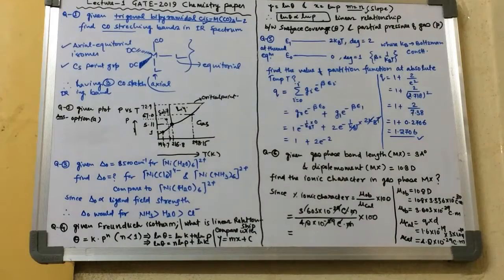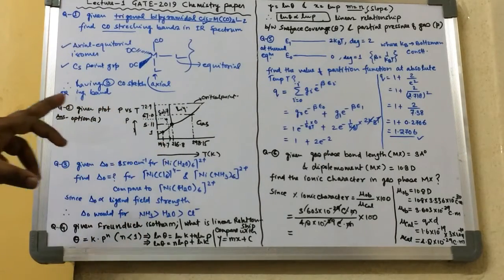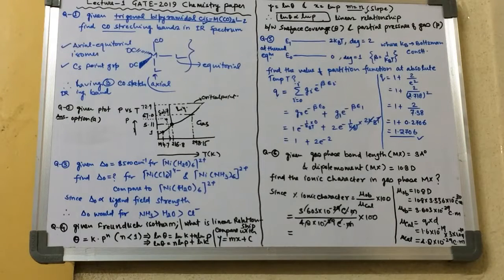Consider a two-state system at thermal equilibrium having energies 0 and 2 kB T, where kB is the Boltzmann constant and T is temperature, for which the degeneracies are 1 and 2 respectively. According to the question, I have considered two energy levels, E0 and E1.